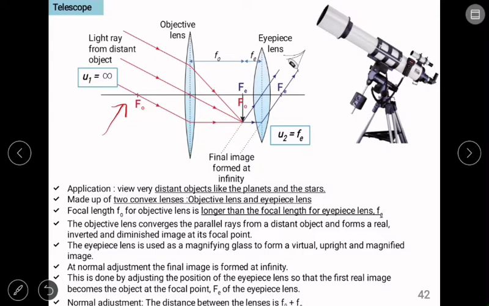In a telescope, we have two lenses. We use convex lenses. The one that is close to the eye is what we call an eyepiece lens. And the one that is close to the object is what we call an objective lens.